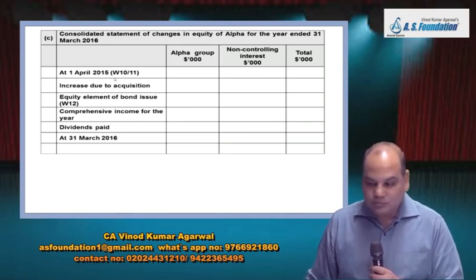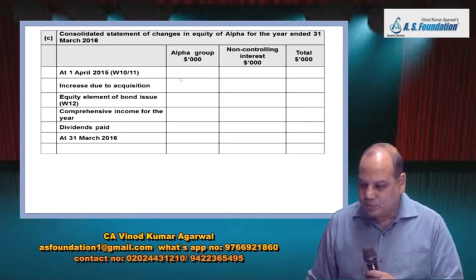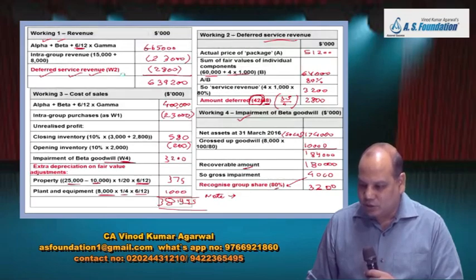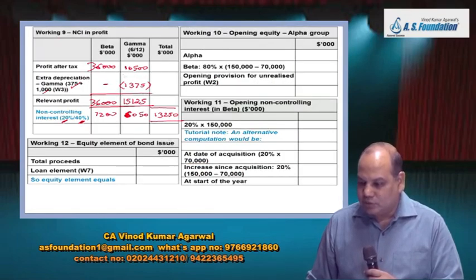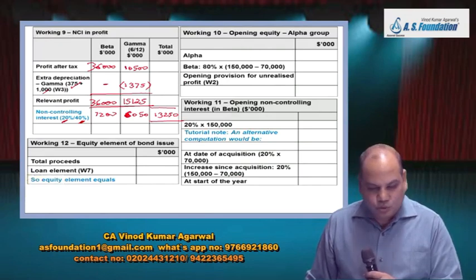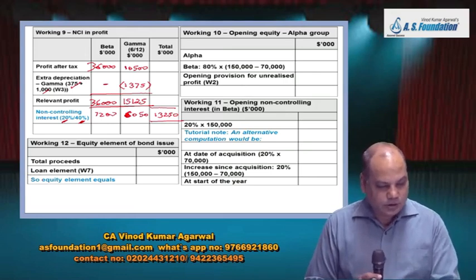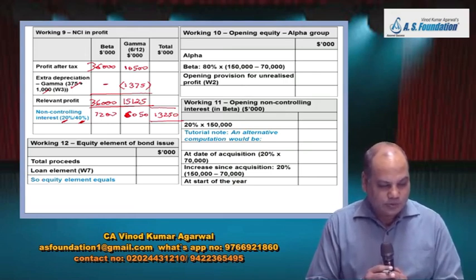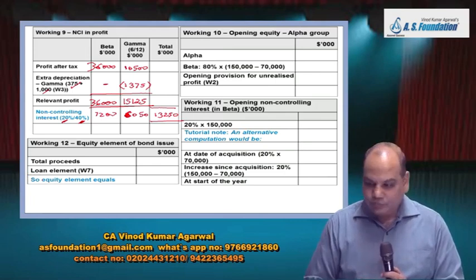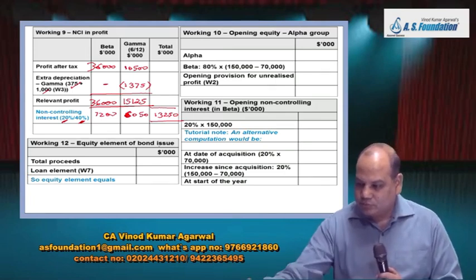Is it right? So I will find out what is the group and what is NCI on 1st April by going to working note 10 and 11. In working note 10, Alpha's own opening balance will come. Where is Alpha's own opening balance? From where will you find this figure? SOCIE, 2 lakh.